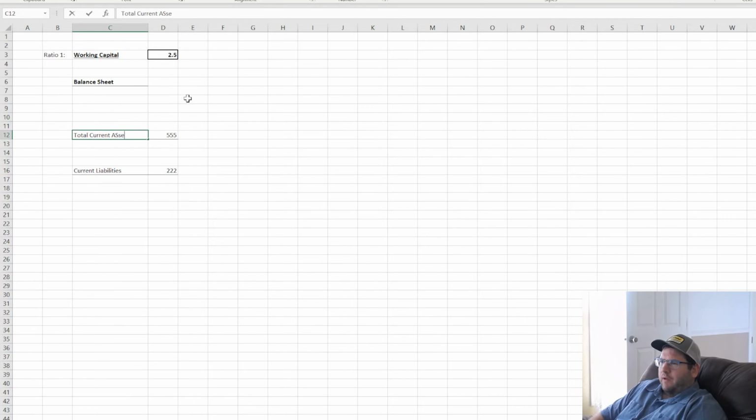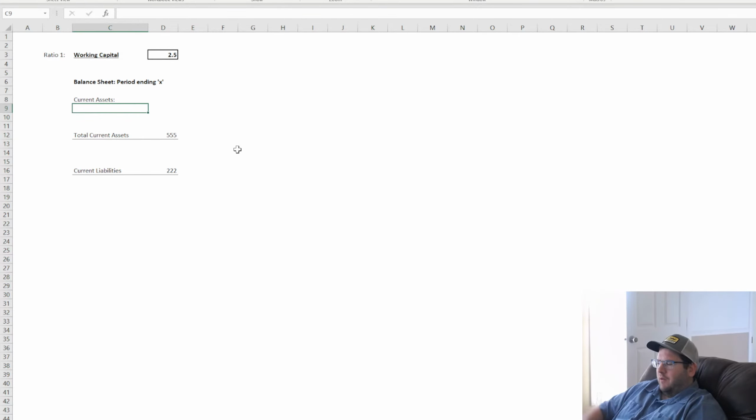Total current assets. We have balance sheet, period ending X. Let's get rid of our grid lines. Cash in bank is definitely a current asset.